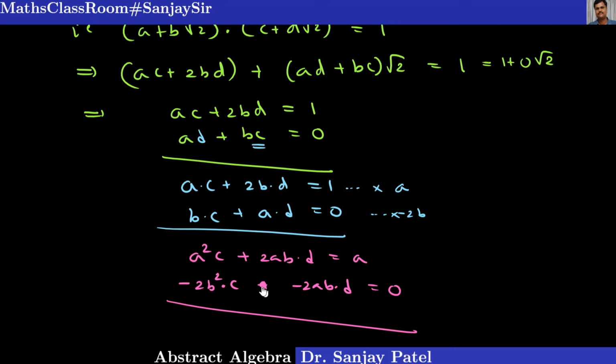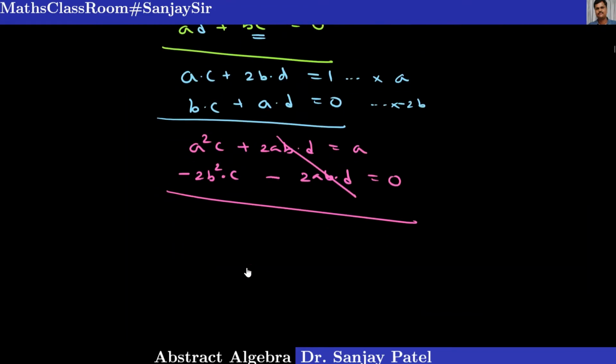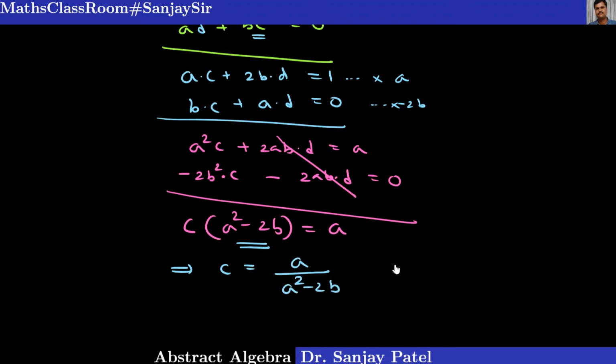So when you add these two, this will be cancelled, and what you will get is c into (a square minus 2b square) equal to a. And we can divide by this term to get the value of c, only if it is not 0. So this gives you c is equal to a upon (a square minus 2b square) if a square minus 2b square is not equal to 0.